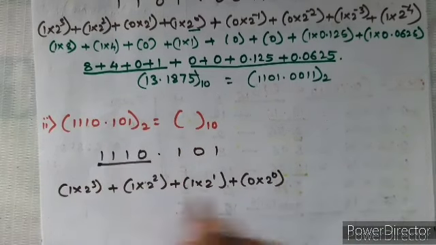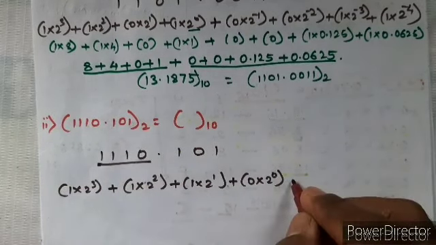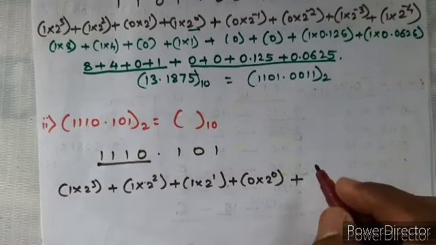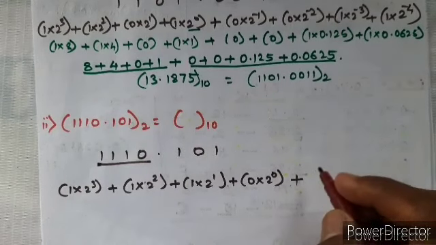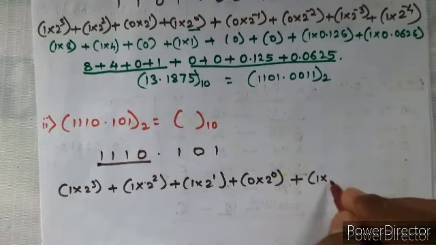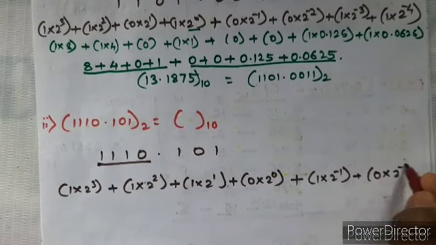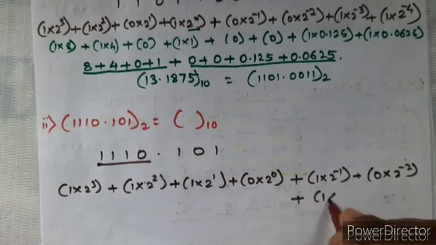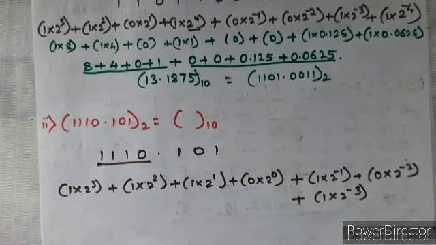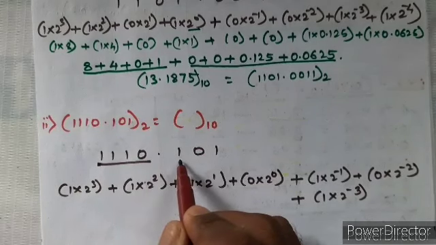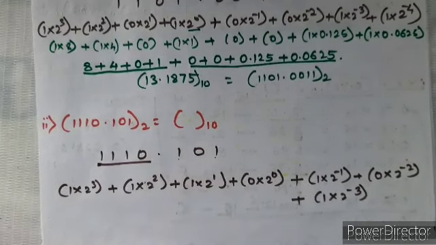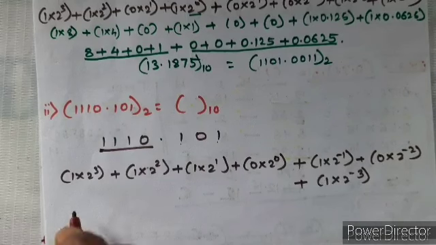Now we have completed the integer part, plus 1 into 2 raised to minus 1 plus 0 into 2 raised to minus 2 plus 1 into 2 raised to minus 3, right? So this is 0, then this is minus 1, minus 2, minus 3. So simply add this.